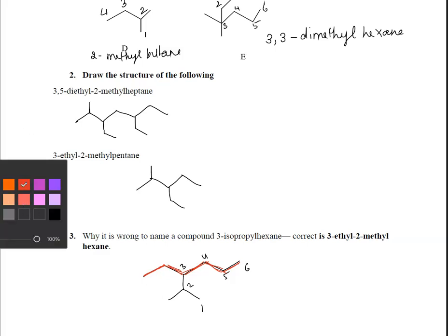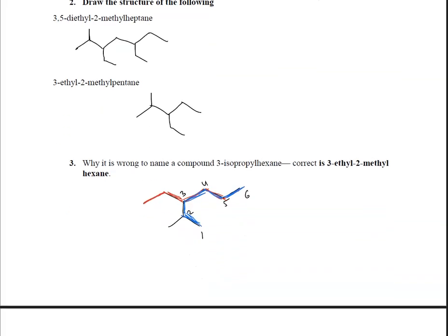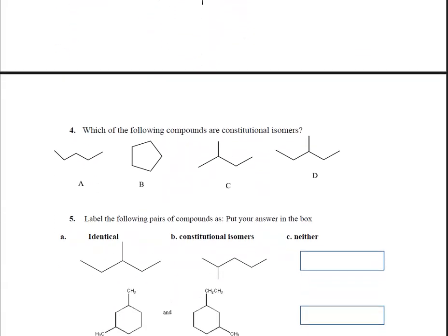Instead, you will use the blue colored chain as my parent chain, because that gives two substituents on the chain, and that is the correct way of numbering and naming them. So it will be called 3-ethyl, see 1, 2, 3-ethyl, 2-methyl, and it's still a hexane. So that's the reason why it is incorrect to call it 3-isopropyl hexane.